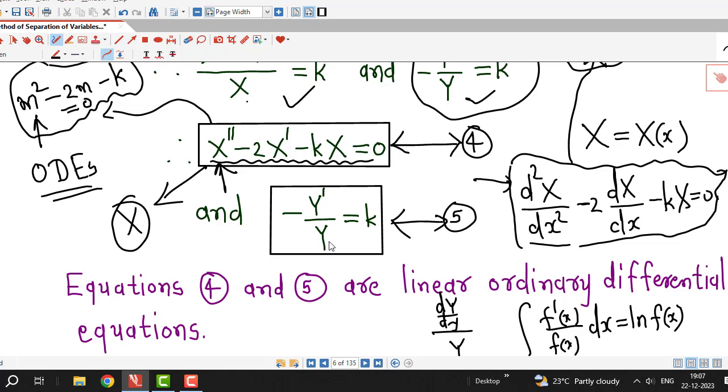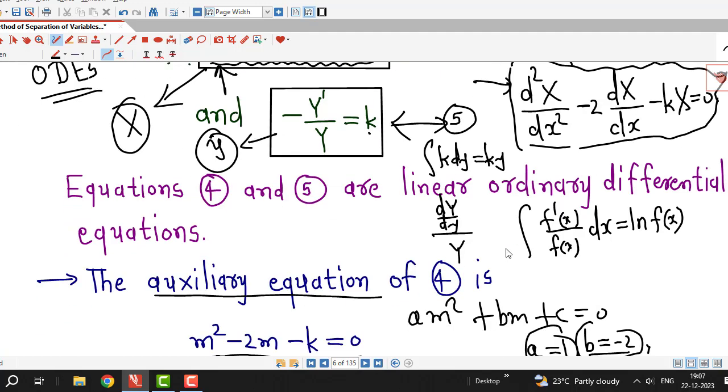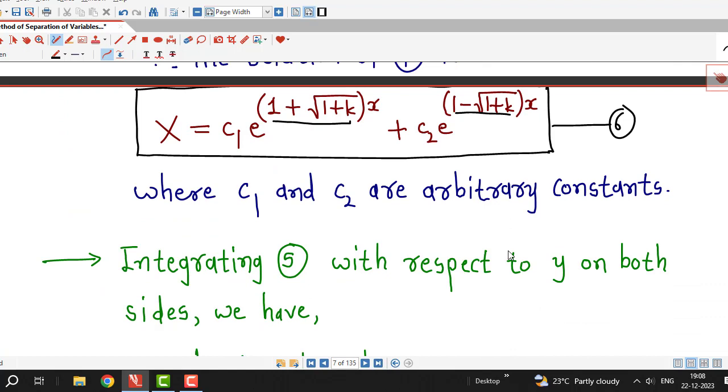So here I have the derivative of Y in the numerator. If I integrate both sides with respect to small y, then the integral is going to be minus ln Y equal to the integral of k with respect to y, that is k times y plus some arbitrary constant. So that I have written here.